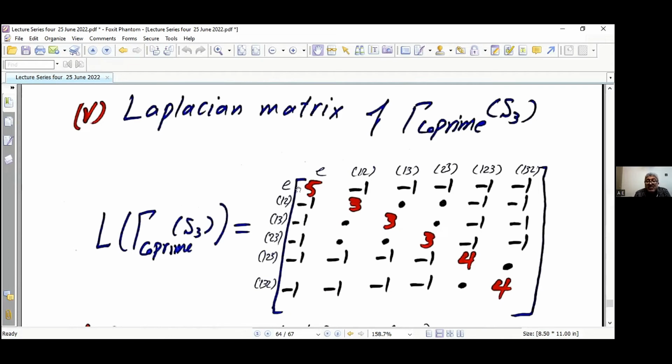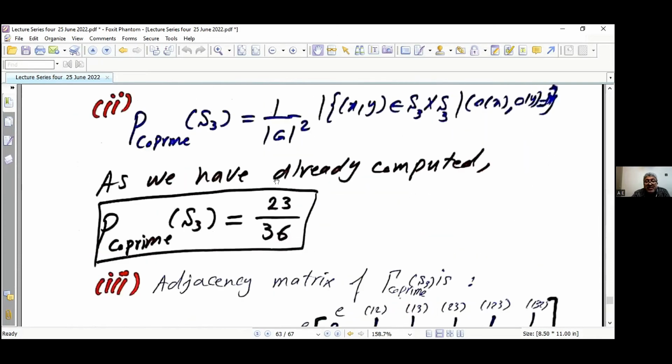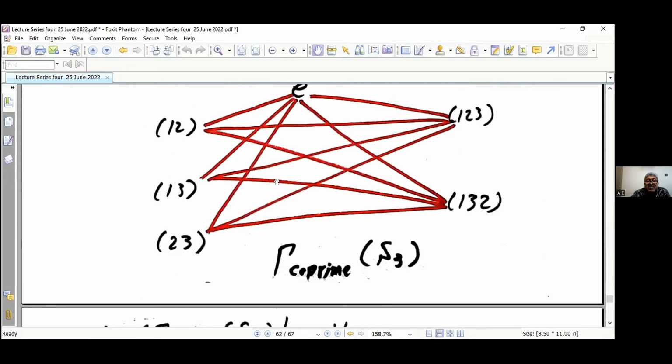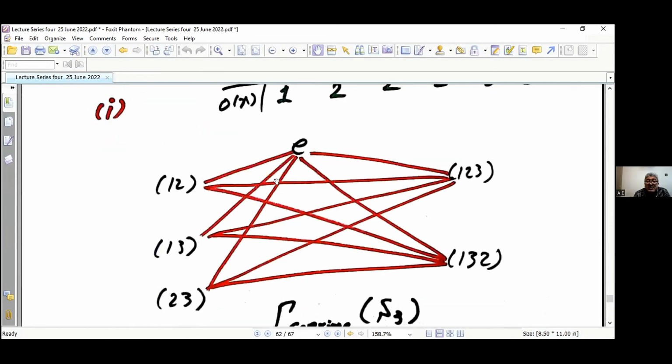For example, the first entry on the diagonal is 5, because the degree of identity is 5, since identity is adjacent to all other vertices. But the degree of (1 2), (1 3), and (2 3) is 3. The degree of (1 2 3) and (1 3 2) is 4.